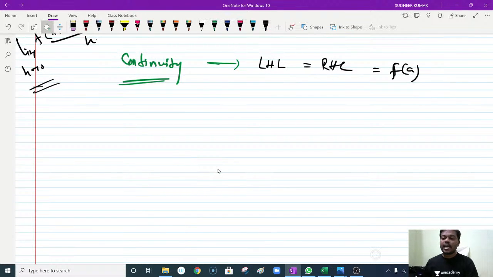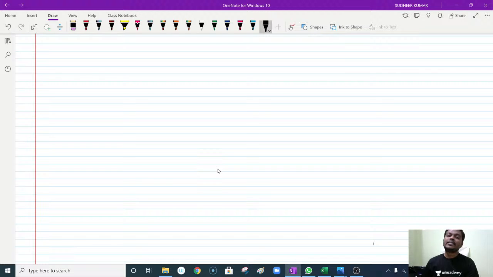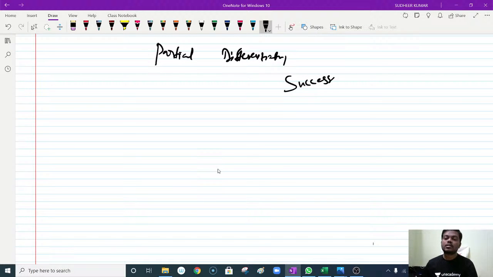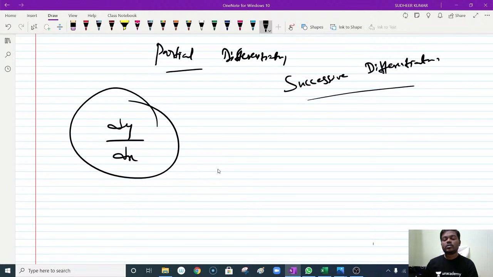So if you see this calculus part, continuity, next differentiation. In differentiation there are two parts, partial differentiation and successive differentiation. We know that dy by dx is usually used to write the derivative of a function where y is the dependent variable and x is the independent variable.